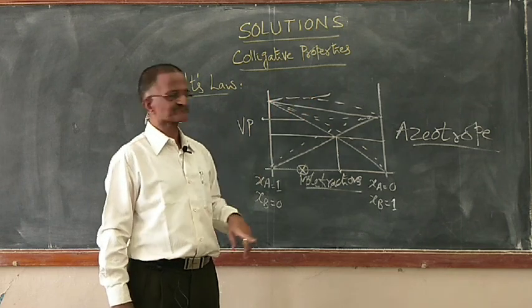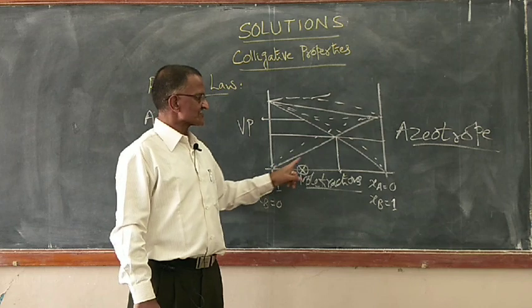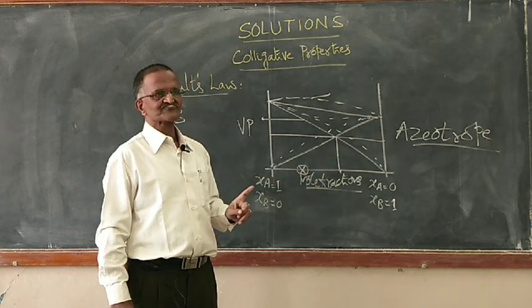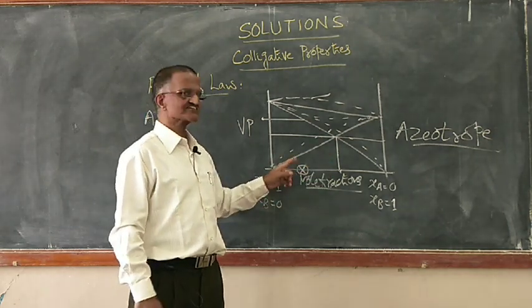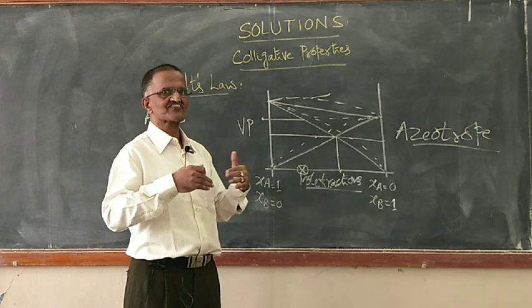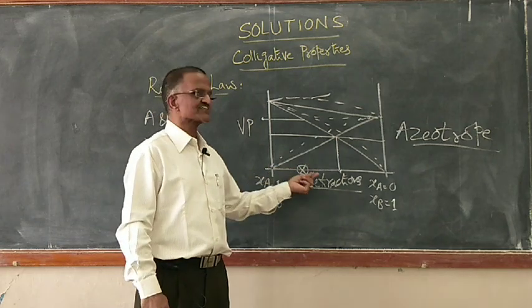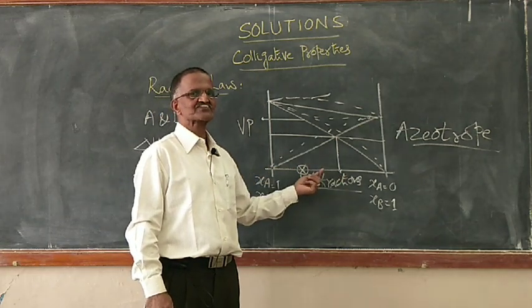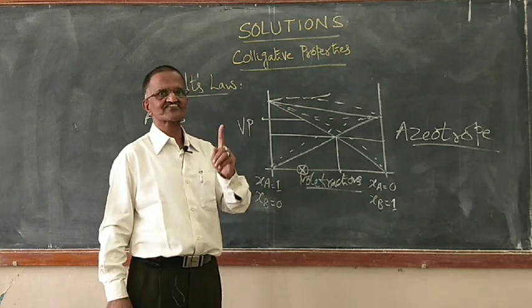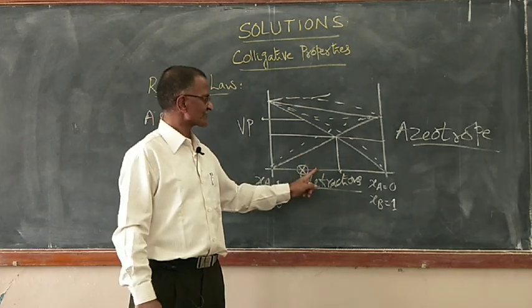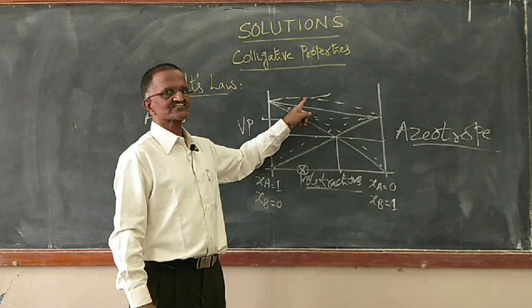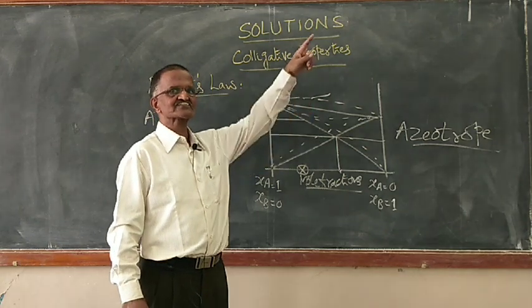And one more thing: when you go on separating the two components, the composition changes, and the mixture becomes different. For that particular composition, the total vapor pressure will decide the boiling point.